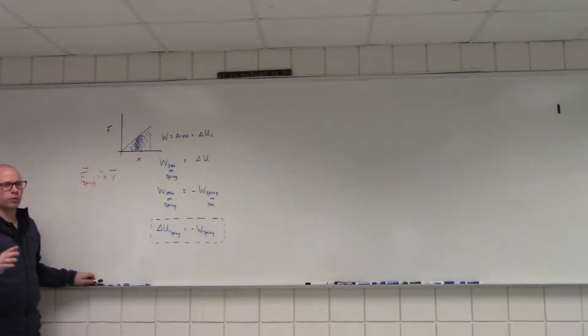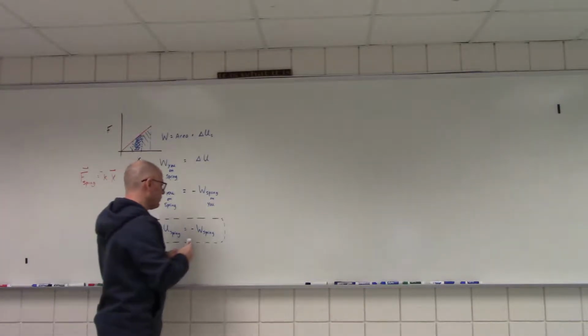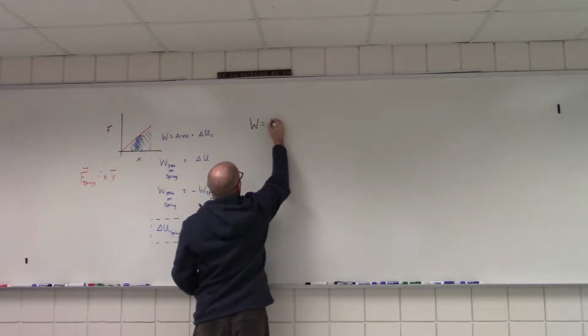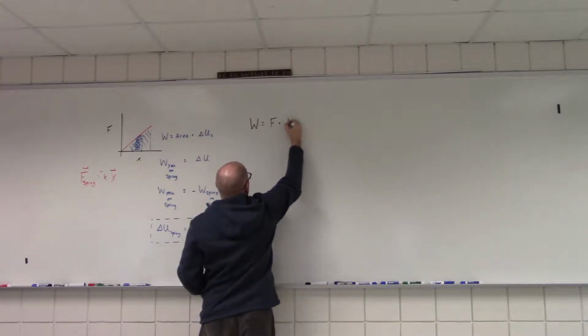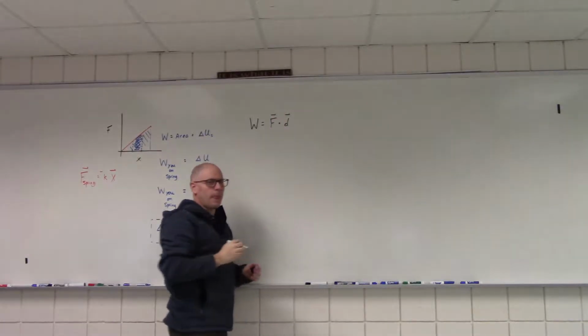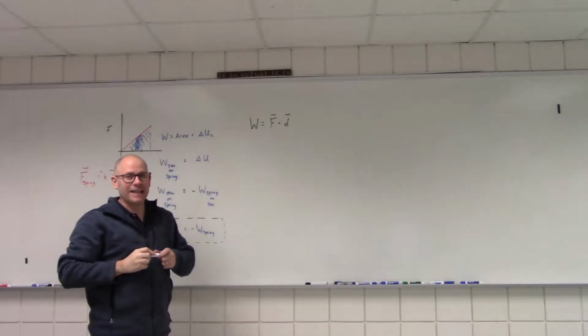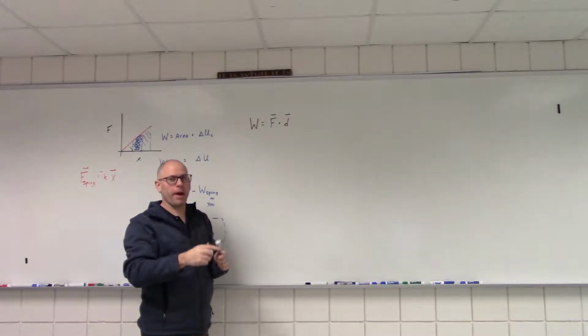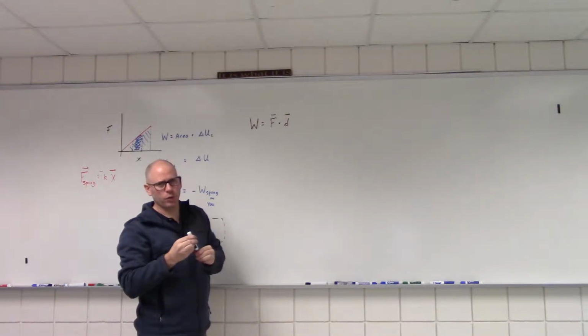And we have a general rule for this because the definition for work is F dot D, where F and D are vectors, we're looking for the parts that are parallel to one another. So here's how the rule works.